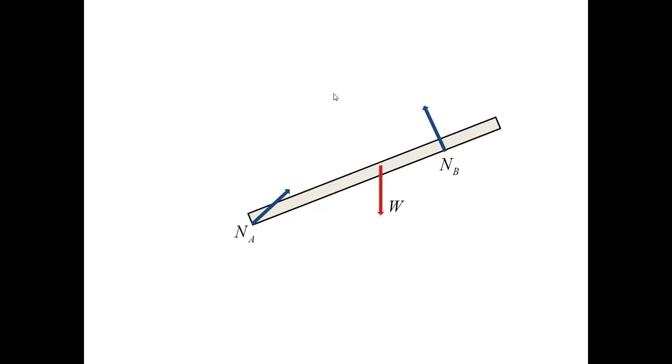At B, the normal is defined by the bar, and again, because it's a frictionless contact, the force NB is perpendicular to the bar.